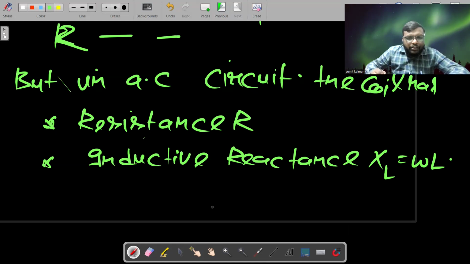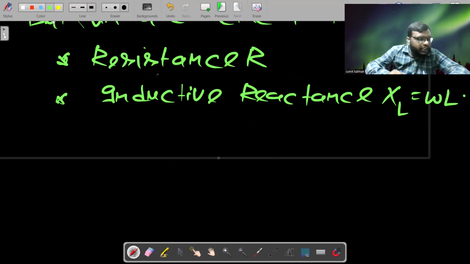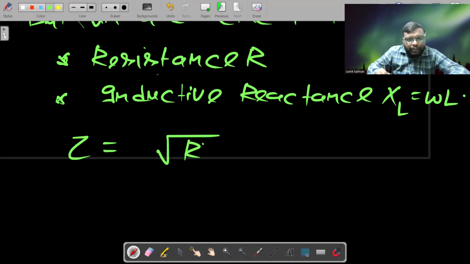Now, students, so total impedance, that is opposition in AC circuit, is Z is equal to under root R square plus XL square.